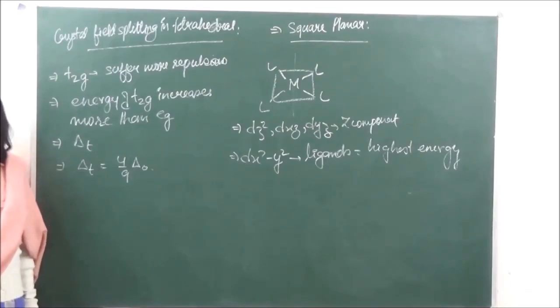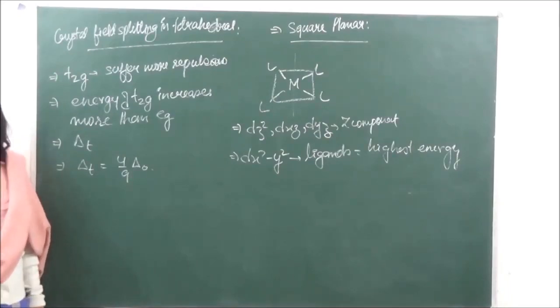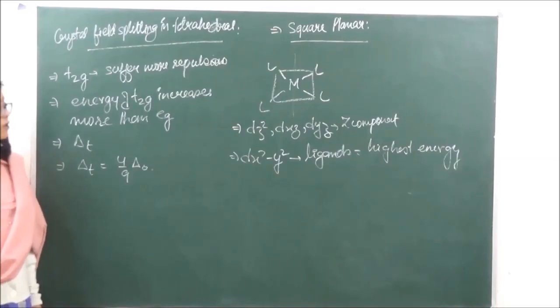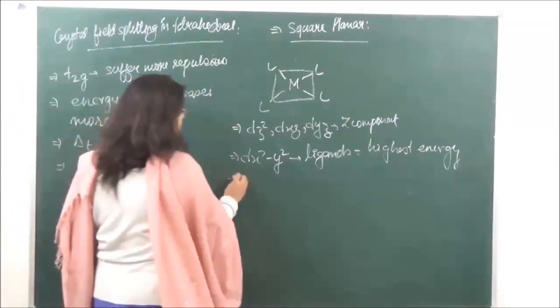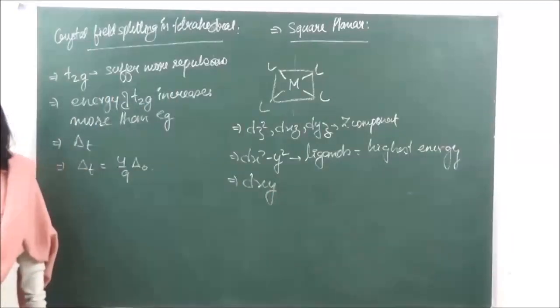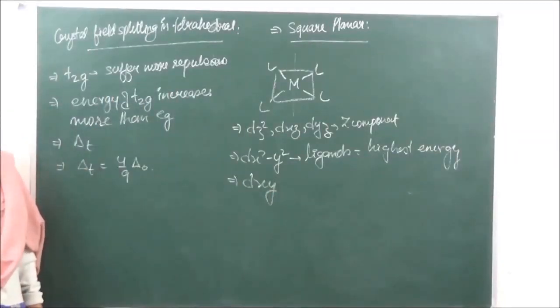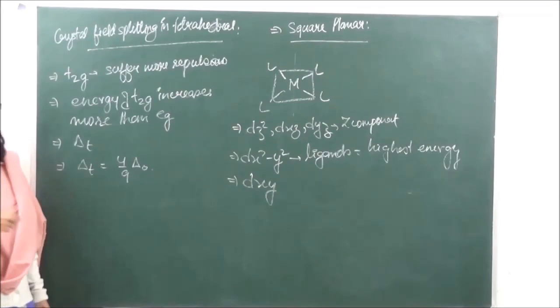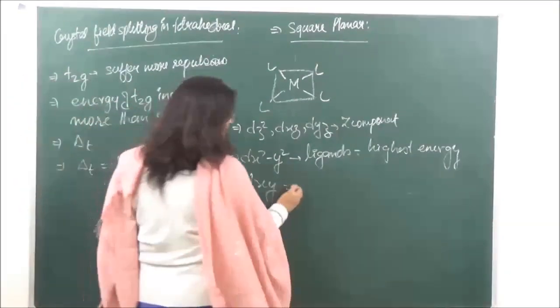Okay? And the lobes of dxy lie in between the ligands, so it is the next highest energy.